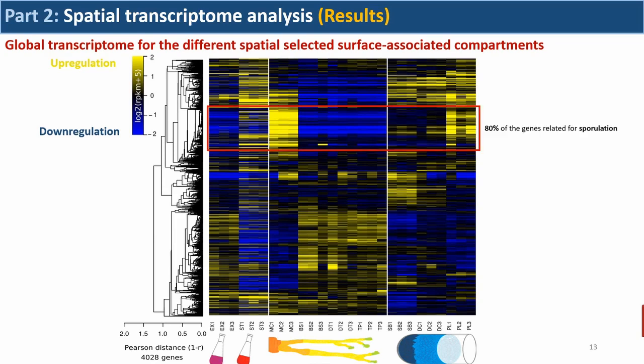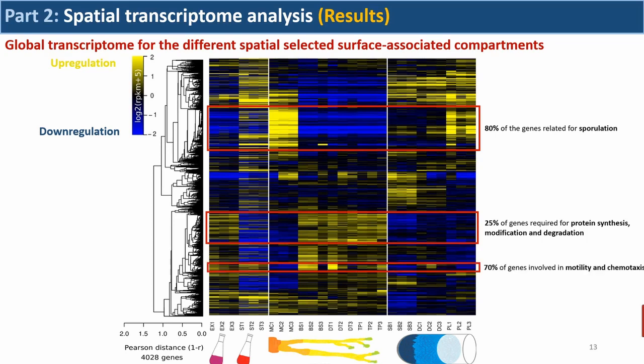We can see by this heat map that we have some blocks of up and down regulation. If we look at this cluster, for example, it contains 80% of the genes related to sporulation, mainly in the pellicle and in the mother colony. This group here is for protein synthesis, modification and degradation, mainly upregulated in the exponential phase and in the swarmers, the ones that are actively dividing.